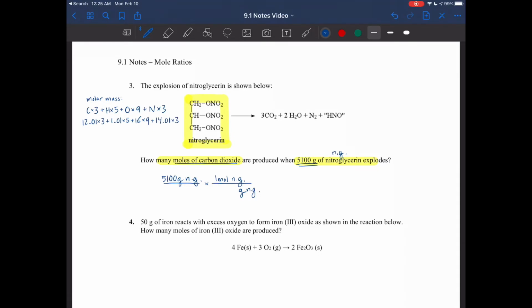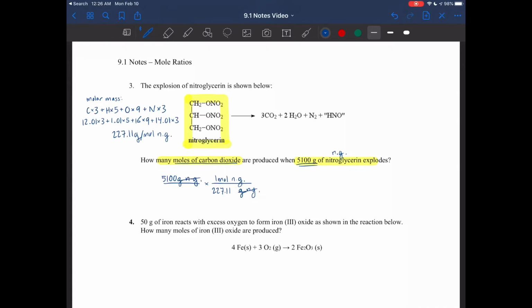So after calculating that, we should get the molar mass of nitroglycerin that we can use to finish solving our problem. And that number is 227.11 grams per mole of nitroglycerin. We're going to put that back down there in our dimensional analysis, and now we can actually convert from grams of nitroglycerin to moles of nitroglycerin.